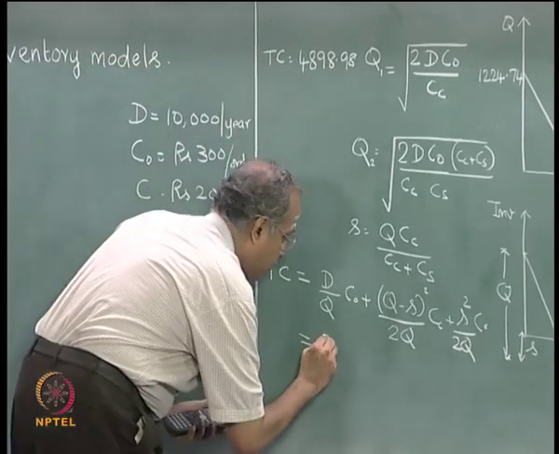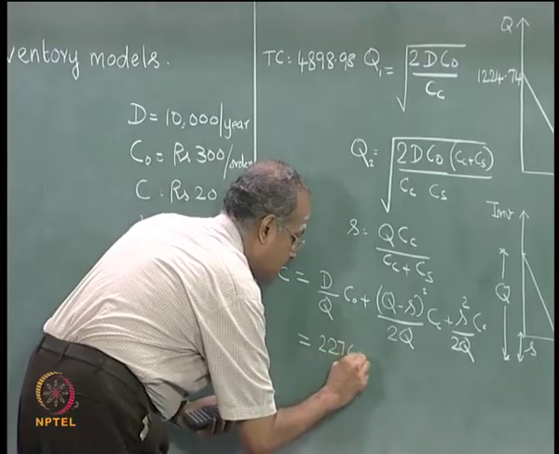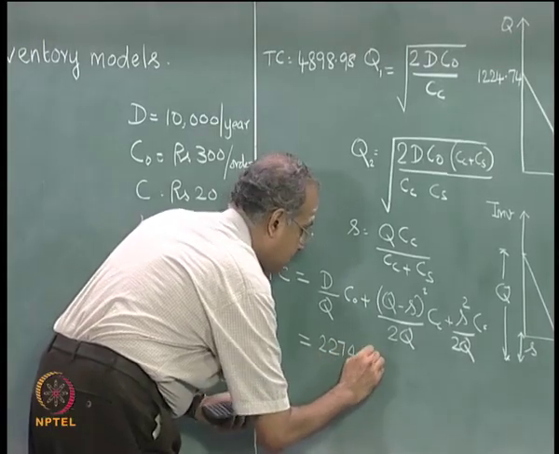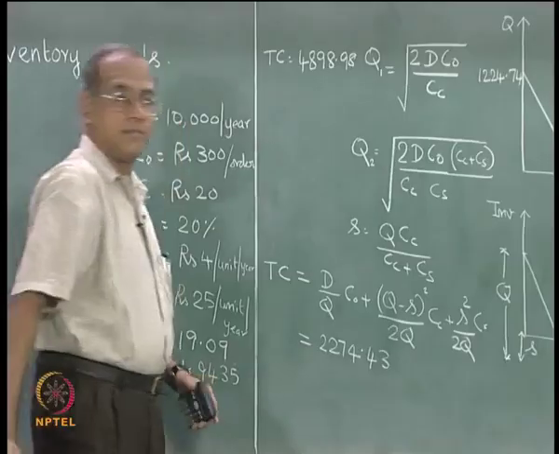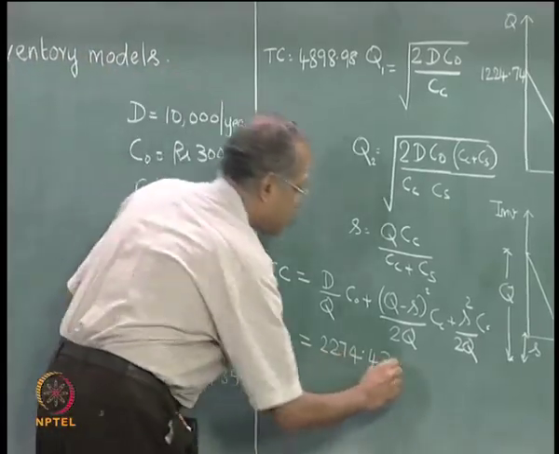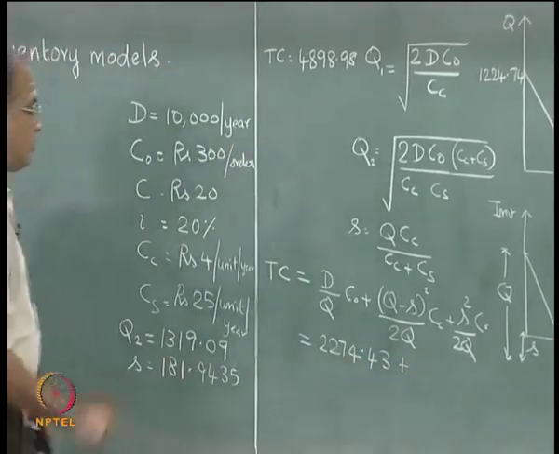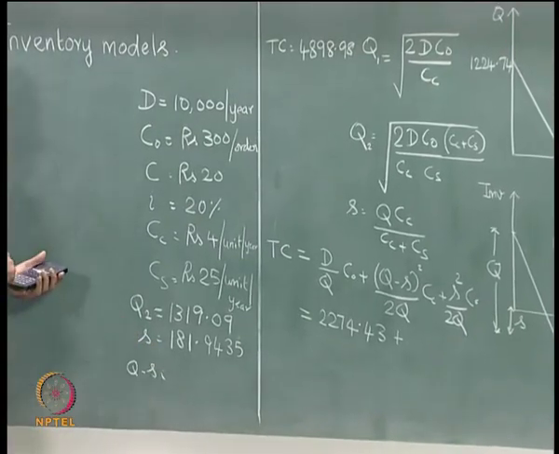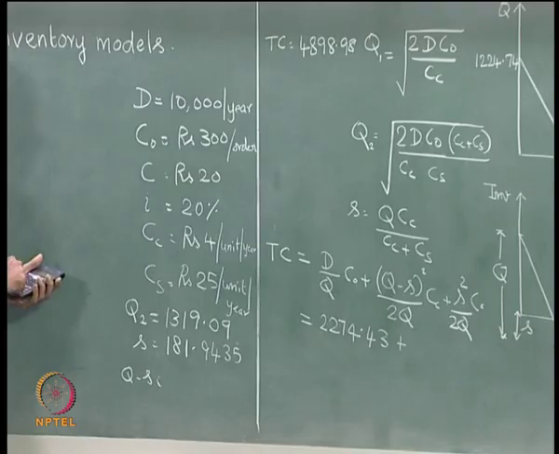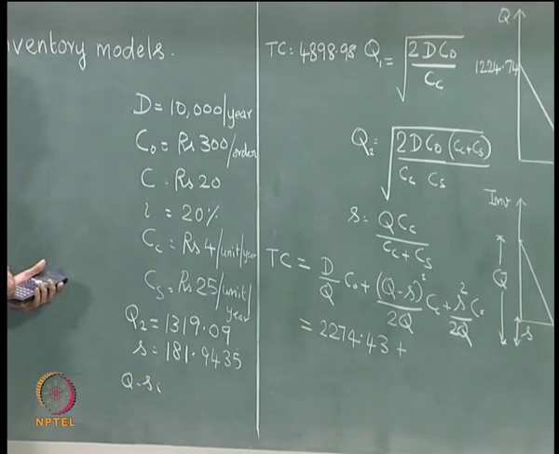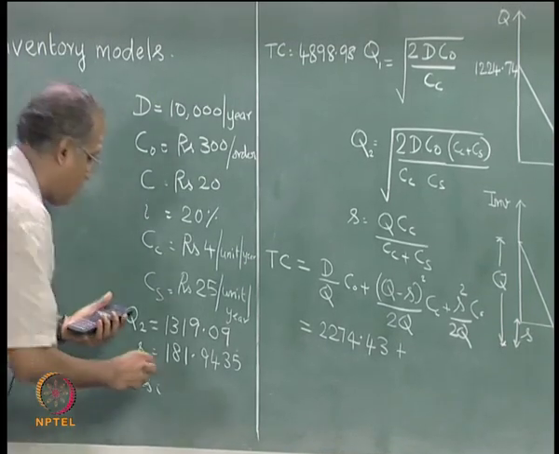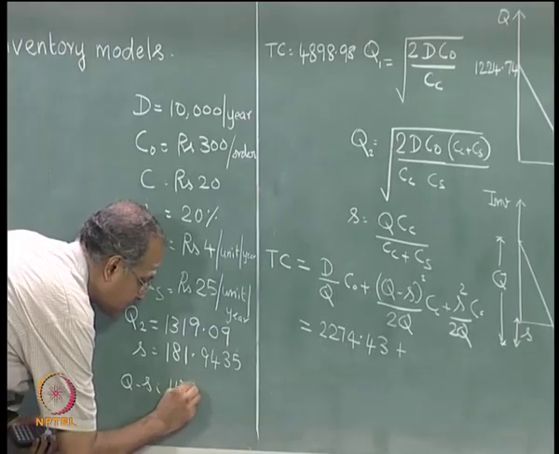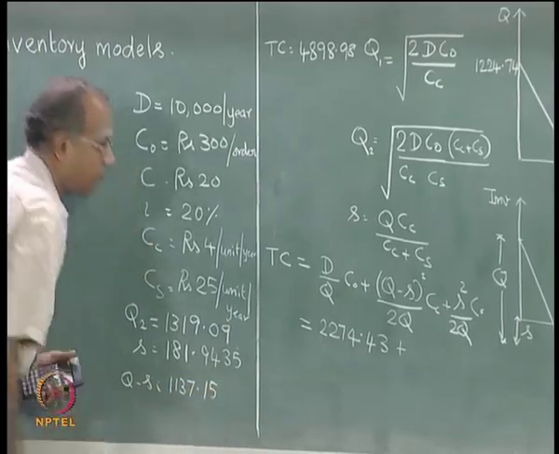Two 274.43 plus Q minus S is equal to 1137.15.